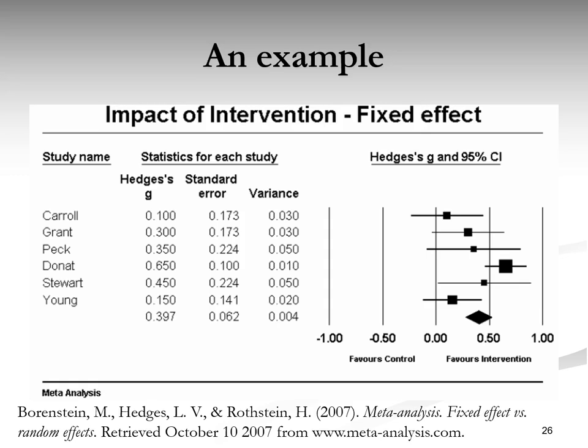Standard error is equal to 0.062 when using a fixed effects model. Also look at the size of the dots in the confidence intervals. The size of the dots is proportional to the weight that is given to that effect size.